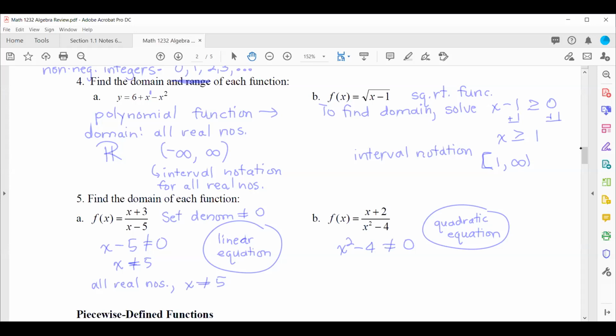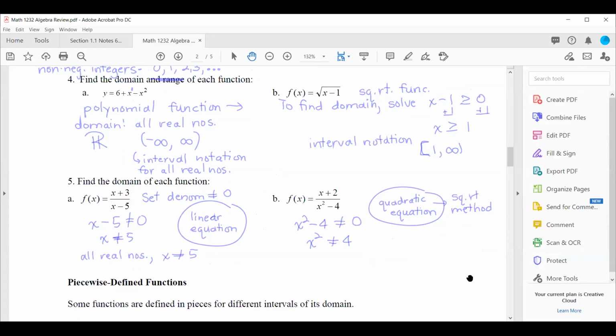well, there are a couple of ways to solve this. I would probably use the square root method, which says I'm going to add the 4 to both sides, and I need that square to go away.